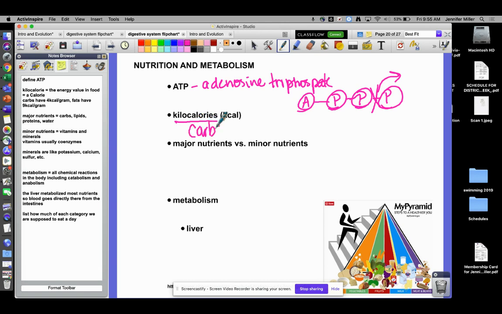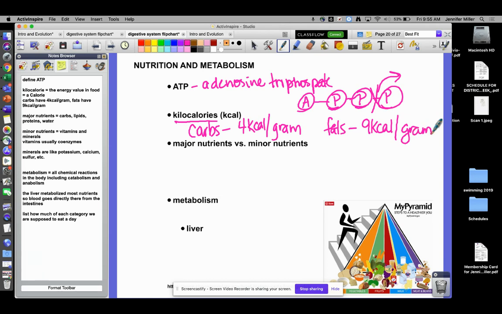Carbohydrates can provide about 4 calories, or kilocalories, per gram of food. So if you eat 1 gram of a carbohydrate, it can give you about 4 kilocalories of energy to do work. If you eat fats, they're going to provide about 9 kilocalories per gram of food.